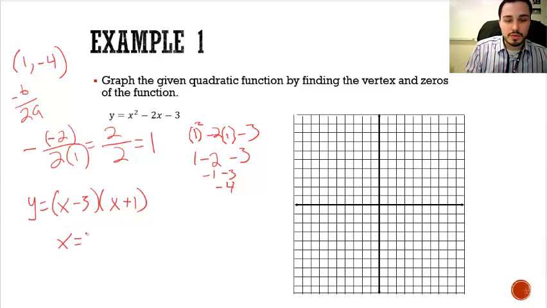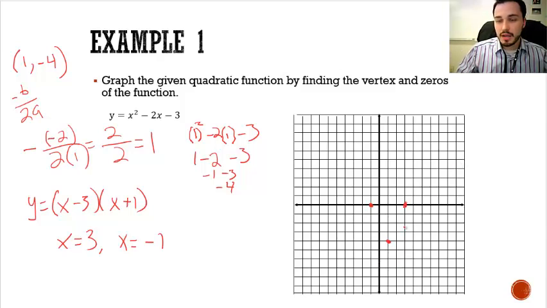So x equals 3 and x equals negative 1. I now have 3 ordered pairs, three points to plot here. I've got the vertex, which we just said was 1, negative 4. I've got the 2 zeros, the x-intercepts, which are 3 and negative 1. So then using that information, I have everything I need to make this graph.